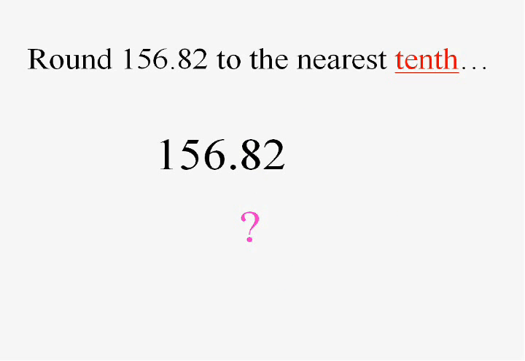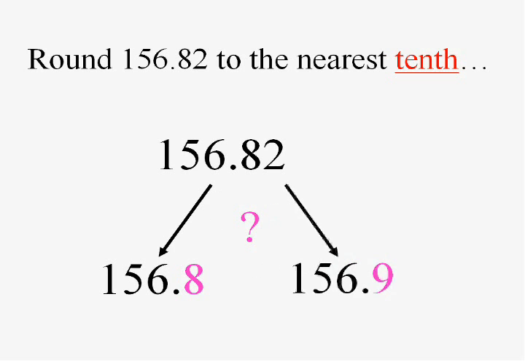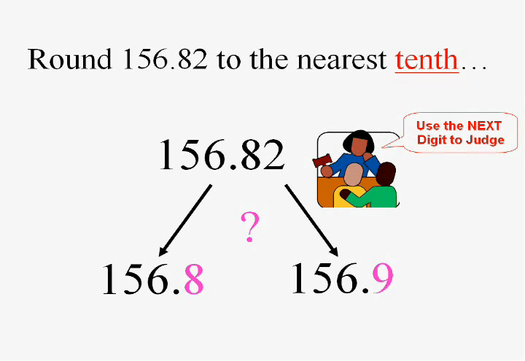So this number is either going to be 156 and 8 tenths, with everything gone away, or 156 and 9 tenths, with everything else after that gone away. What are we going to use to decide? Still going to use the next digit. It's 2. So in this case, you're just going to stay the same. 156 and 8 tenths.